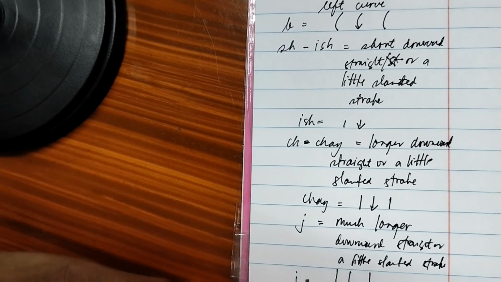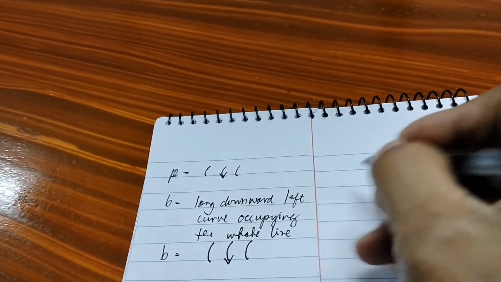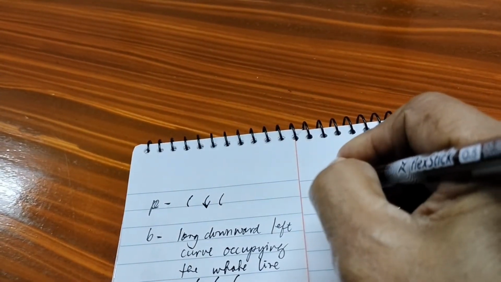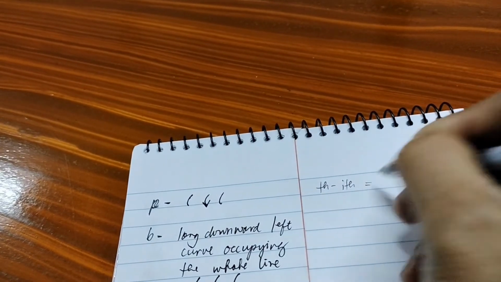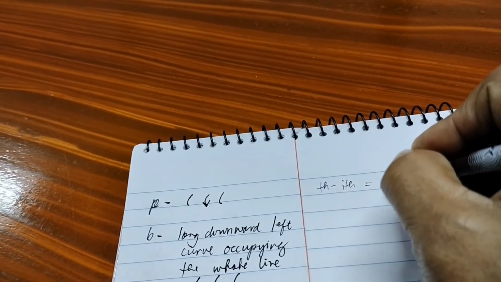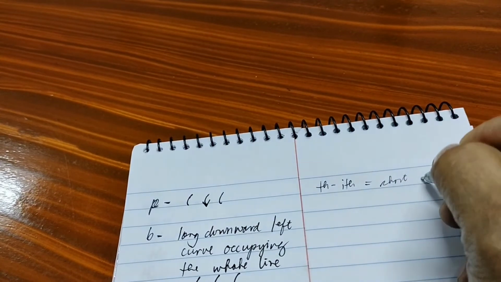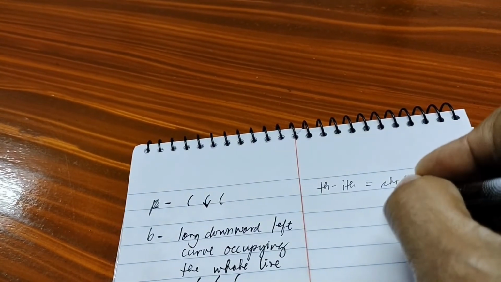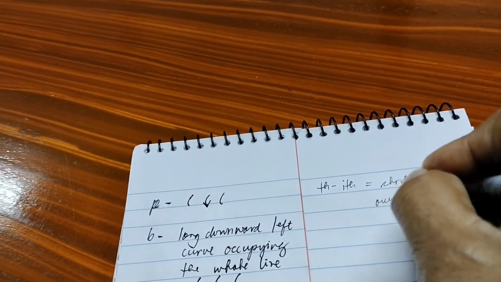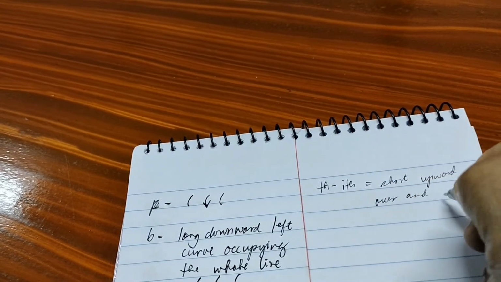So that is J. So the next sound that we took up is the sound of TH pronounced as ith, which is represented by a short upward over and under curve.